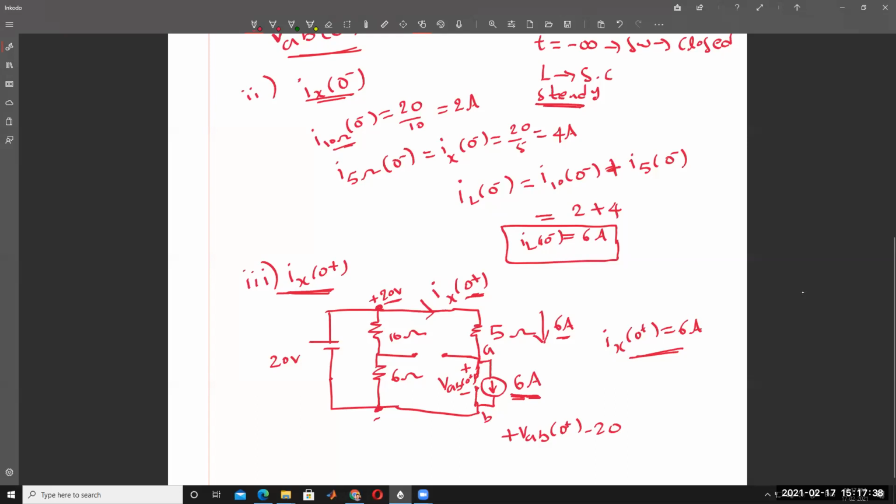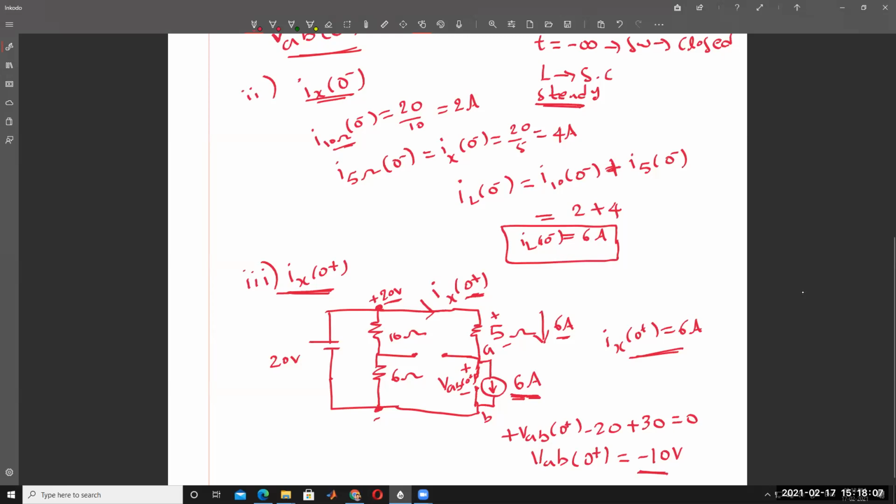Then 5 into 6, here plus, here minus, is 30. So VAB of 0 plus is equal to 30 minus 30 plus 20, then minus 10 volts. So minus 10 volts across VAB.